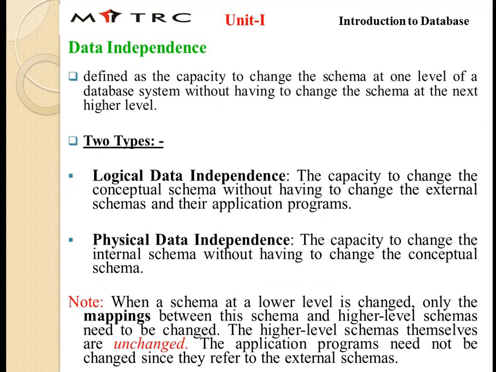Clear? Next is data independence. What happens in data independence? Data independence is defined as the capacity to change the schema at one level of the database without having to change the schema at the next higher level.